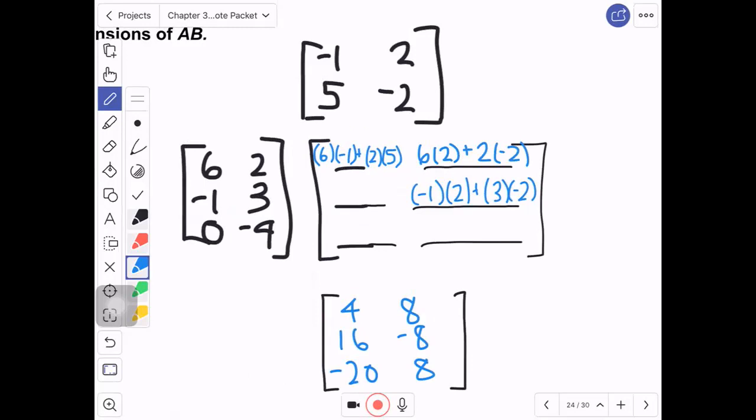And if we always put the number that's in our column in parentheses, that's an easy way to check that you have it set up. And I'll show you once we finish these last three. So what about this one? What row and what column are we going to use? Jordan.